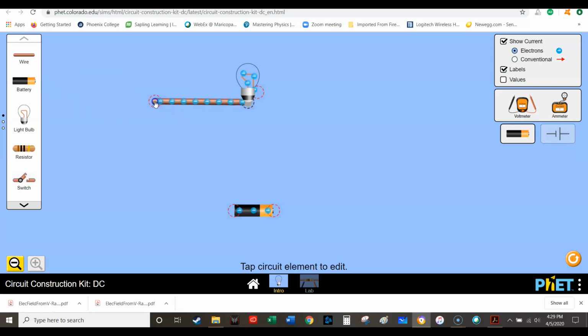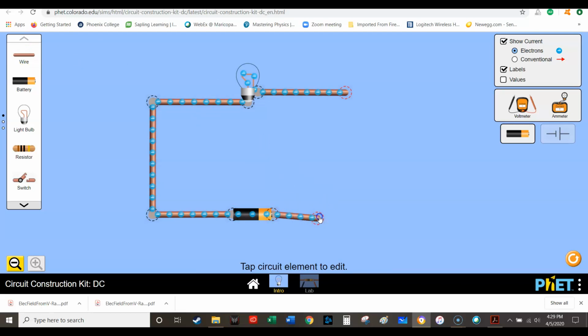Okay. So notice a few things here as I create this circuit. Notice that it already has electrons in the actual wire. Okay. So that's one thing. So batteries don't create electrons. It creates a voltage drop, which gets the electrons that already exist in the wire to begin to move.